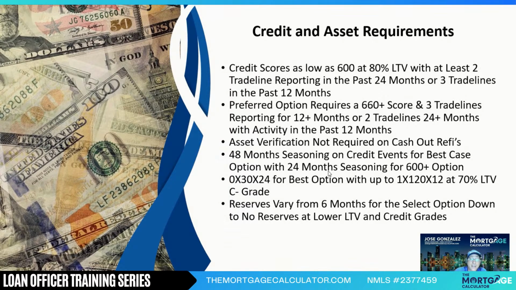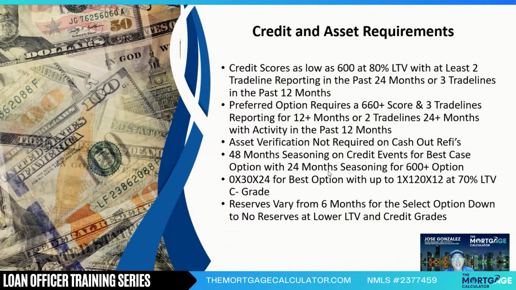Please note that the best options for non QM are always going to be at a 660 or above credit score and preferably 3 trade lines reporting for 12 months or 2 trade lines for 24 months with activity in the past 12 months. As always, asset verification not required on cash out refis.